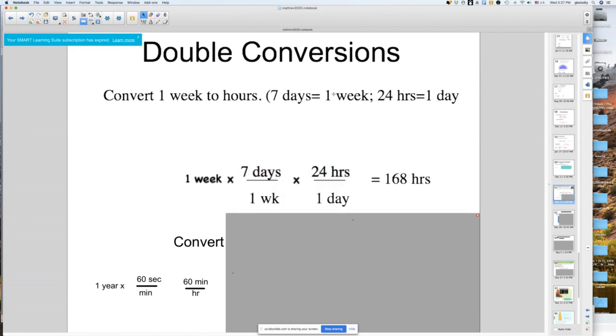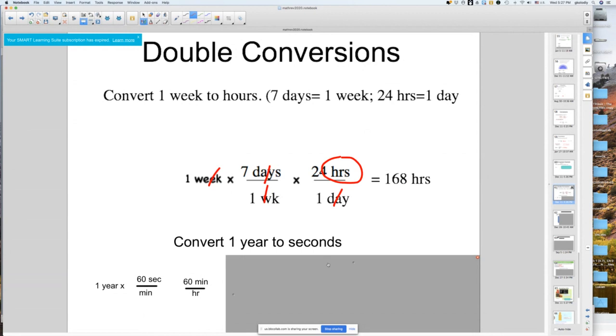So 7 days per week, I'm going to put the week on the bottom, the 7 on top. The weeks will cancel. And then 24 hours per day, we can see that the days will cancel. So weeks cancel here, days cancel here, and therefore 7 times 24 is 168 hours left. Okay, so this is called a double conversion.